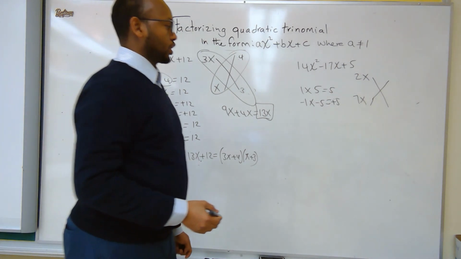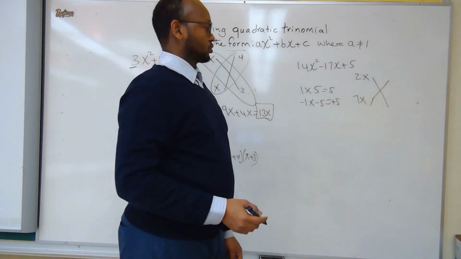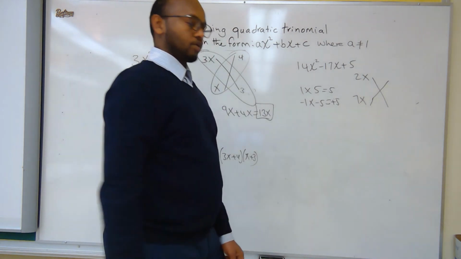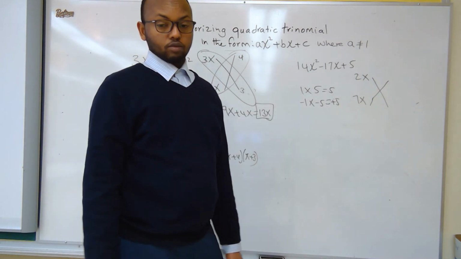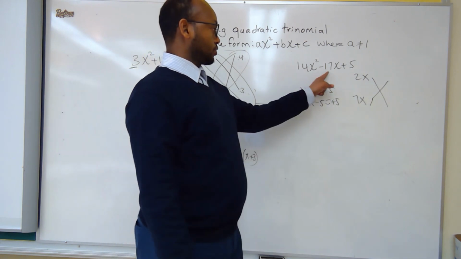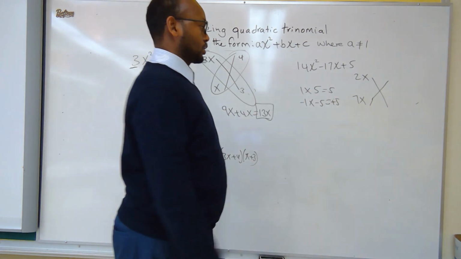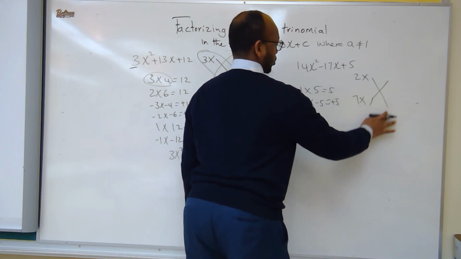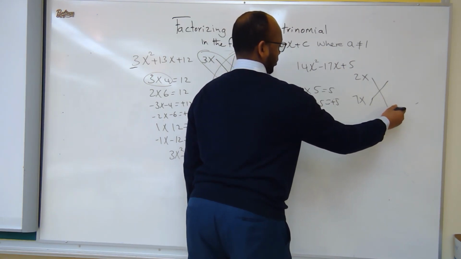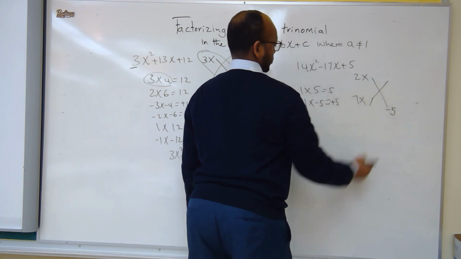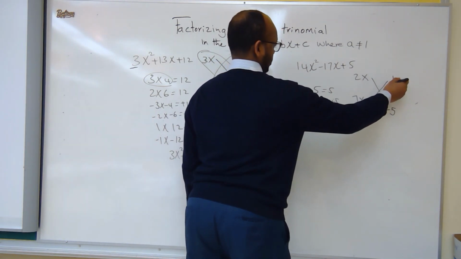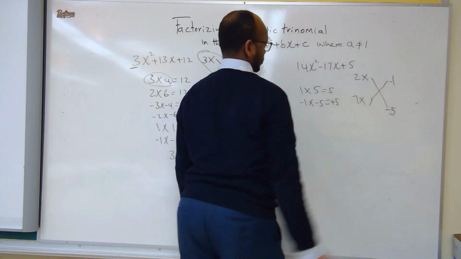So which one do you think I can put in the negative one? If I put 5 times 7, that is 35. But 35 does not give me this one. So the 5 goes here as a negative, and the 1 goes here as a negative also.